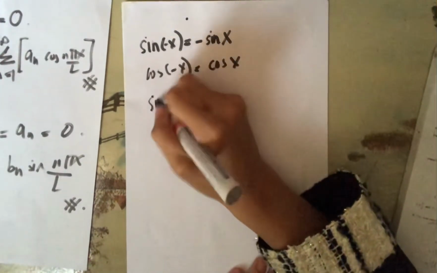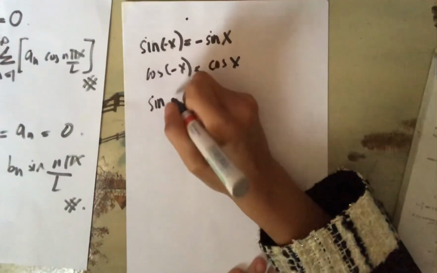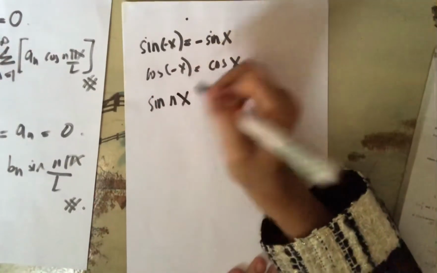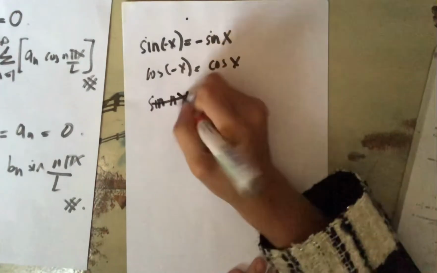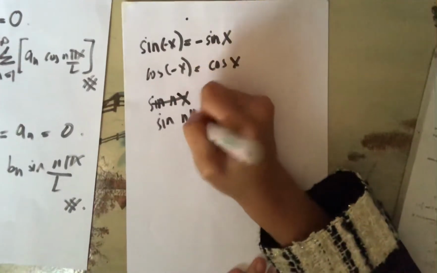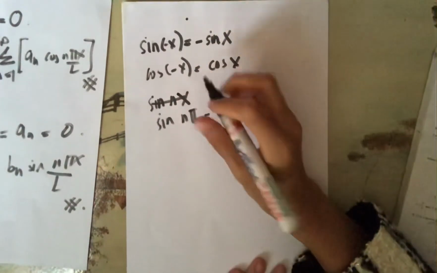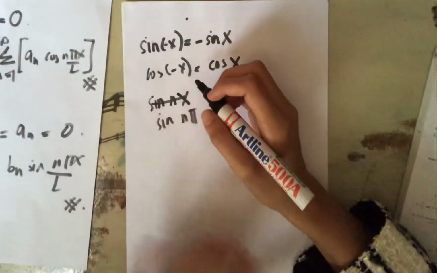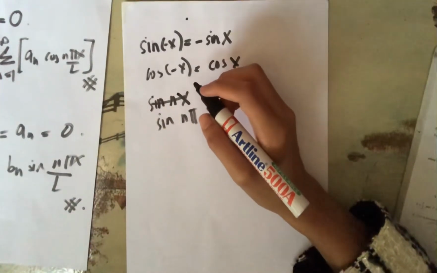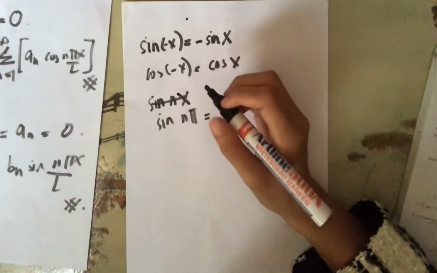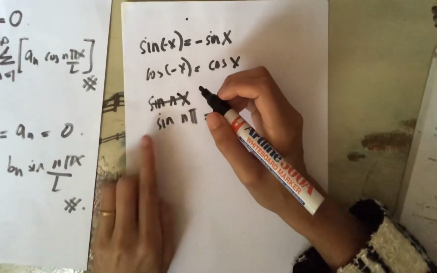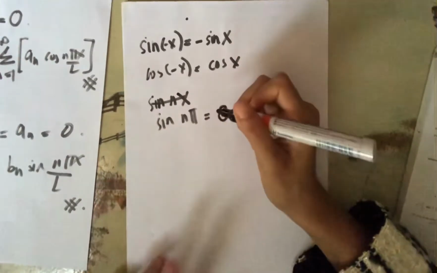We also have this one, which may be new for you: sin(n pi). When you find this term in your equation, you directly substitute sin(n pi) equal to 0.